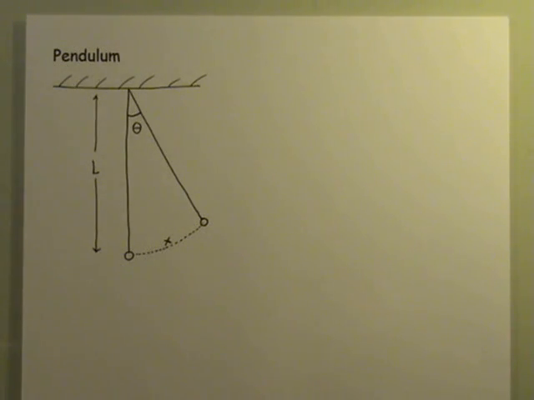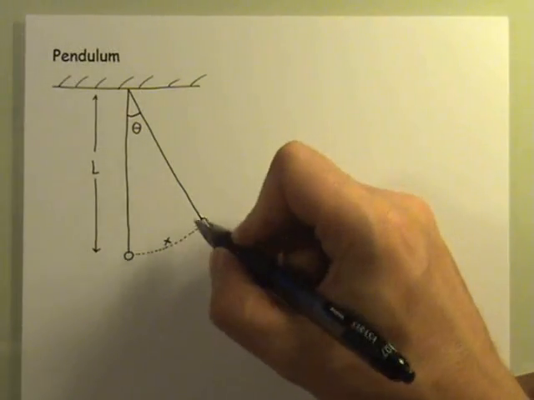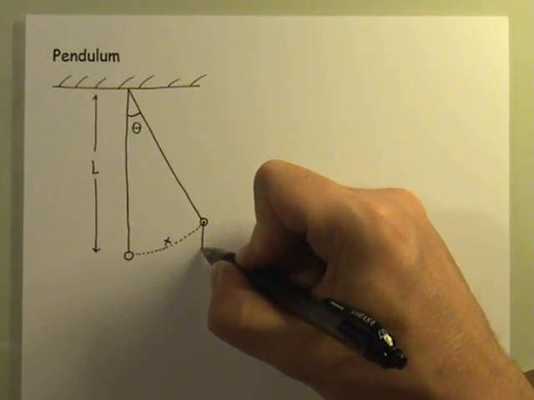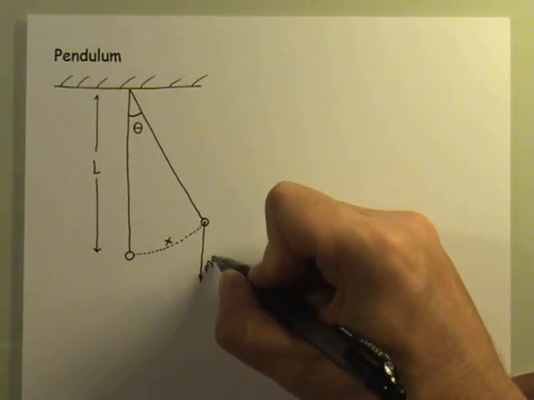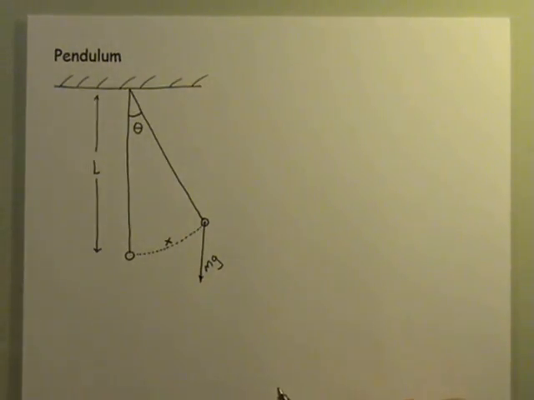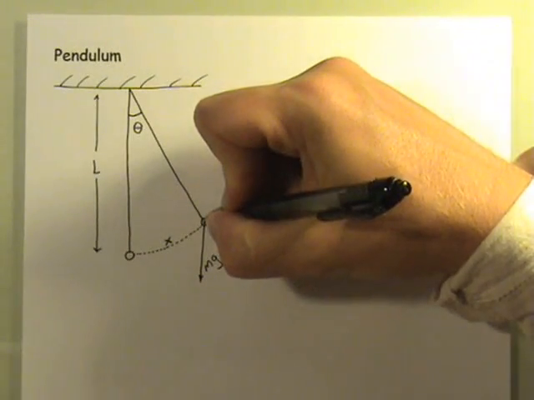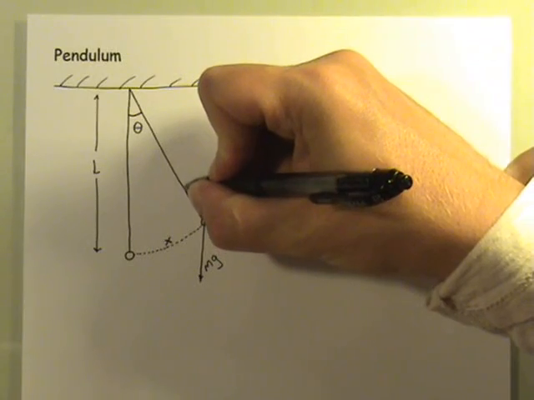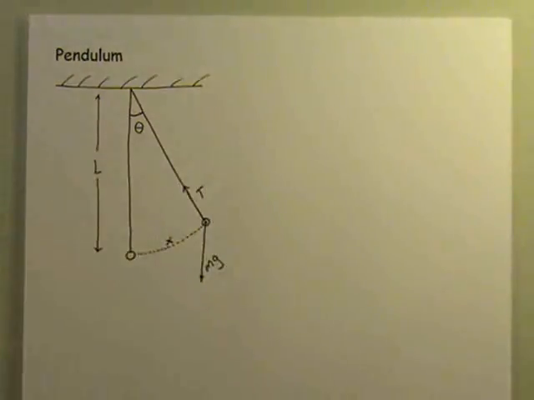Now obviously we need to think about the forces that are acting on this object. So we'll start drawing those forces. The most obvious force is the weight, and there is some tension which is pointed in this direction.